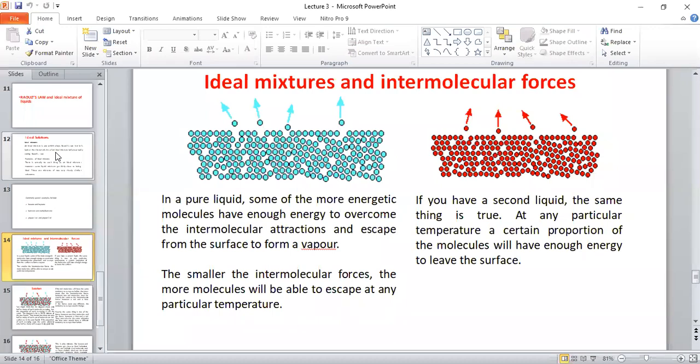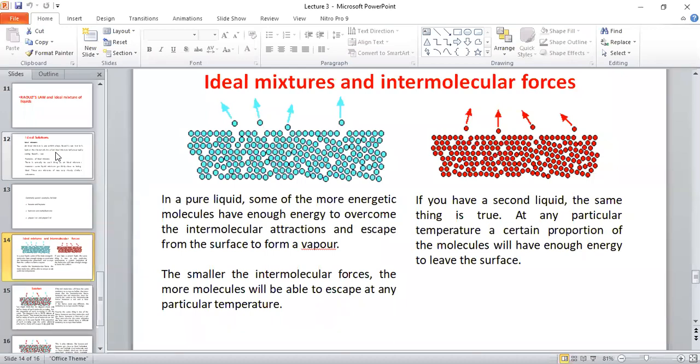The smaller the force holding the similar molecules together in a solution, the more the tendency of the molecules to escape. That means the molecular attraction between the molecules is weak, not strong enough to hold the molecules down in solution. So the molecules manage to escape.